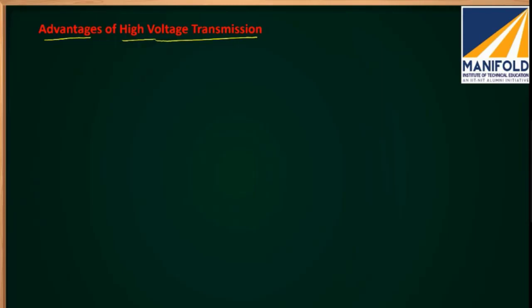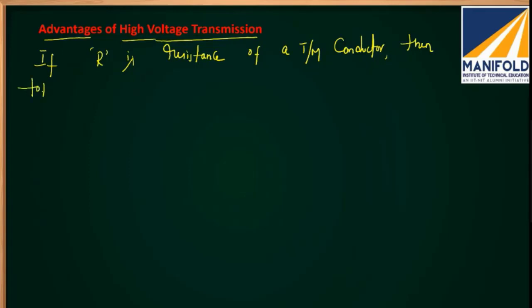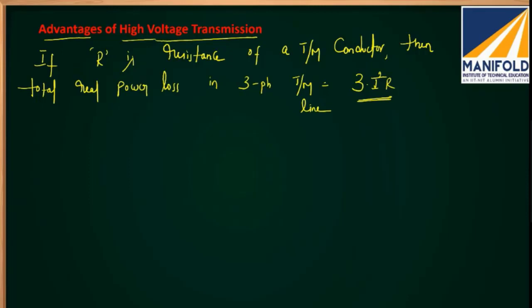First, before going to that, if capital R is the resistance of a transmission conductor, then the total real power loss in three-phase transmission is given by 3 I square R. So the total real power loss in the three-phase transmission line is 3 times I square R watts.